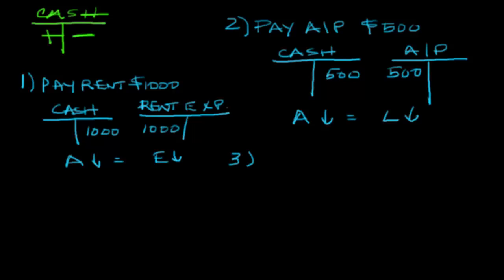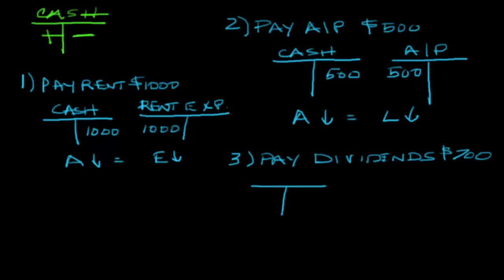Okay, third example. Let's assume we pay dividends. In this case, we'll pay $700 worth of dividends with cash. By now, you know what happens to cash, right? When we pay cash, it goes down, and a reduction in cash is recorded with a credit.